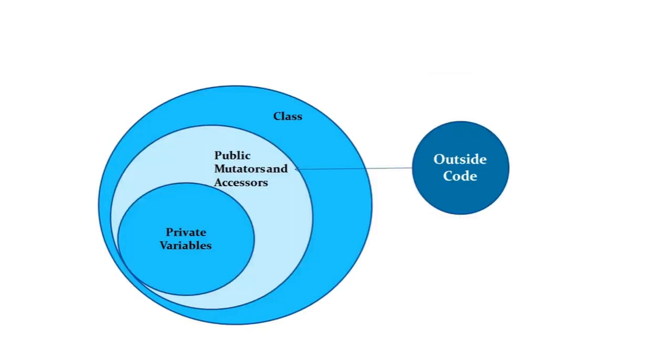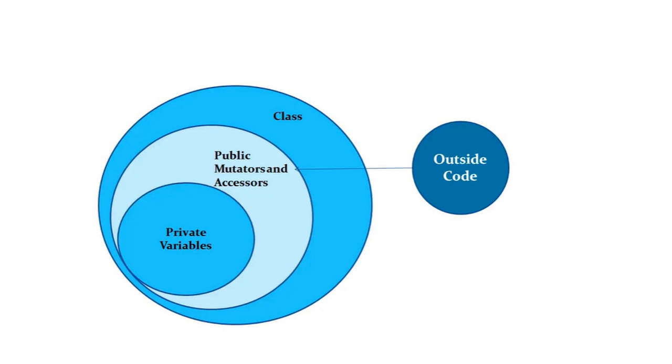As I told, encapsulation is binding or wrapping similar kinds of data, some properties and some behavior or methods, into a single unit, a class. Why are we doing so?